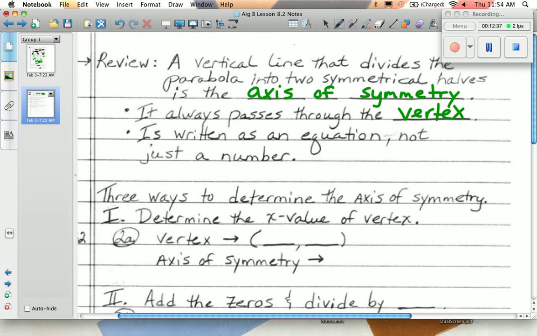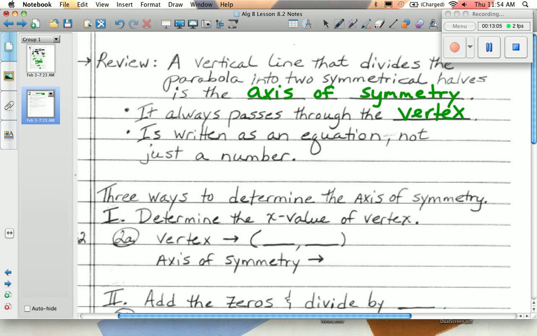Does anybody remember how equations for vertical lines go? Back from when we talked about linear relationships last year? What's the same of all the points that are on a vertical line? What do those points have in common? They have the same x value, don't they? Every point on that line has the same x value. So what's the equation going to be?